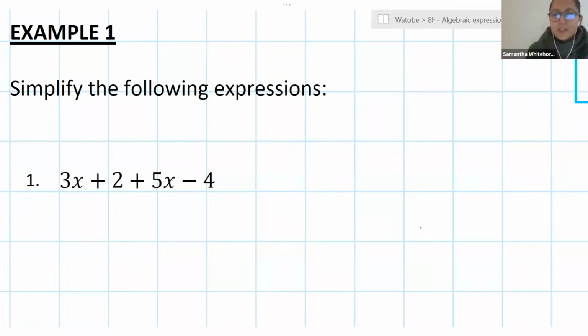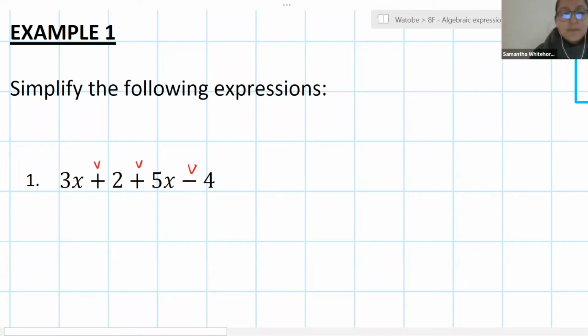Okay, I'm seeing some on the chat, 4 terms. Yes, indeed. When we are looking at terms, remember plus and minus signs separate our terms. So the plus sign and the minus sign, those are what separate our terms.